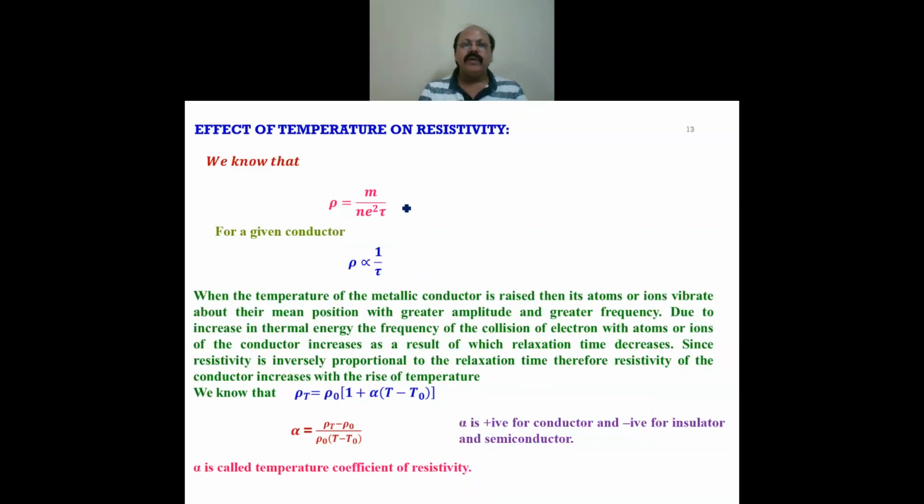So we know the formula for resistivity, rho equal to m upon n e squared tau. So for a given conductor, rho is inversely proportional to relaxation time.